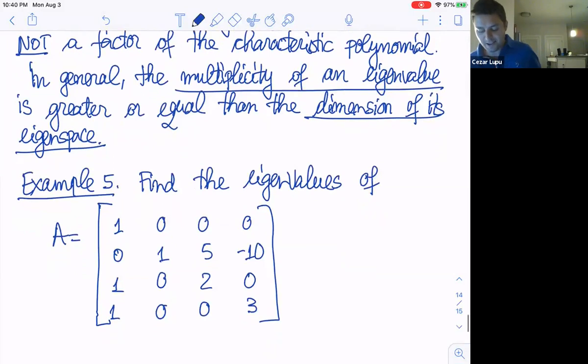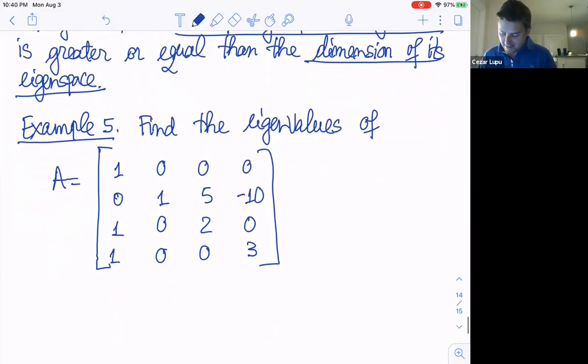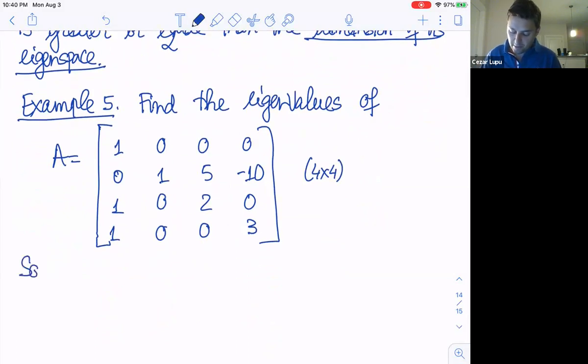Okay, so let's find the eigenvalues of this matrix. You can see I have 4 rows, 4 columns, a 4 by 4 matrix. That's pretty brutal, but anyway, let's do it.